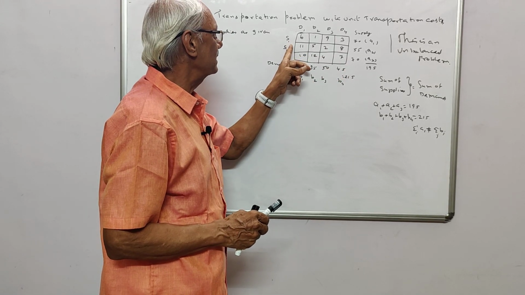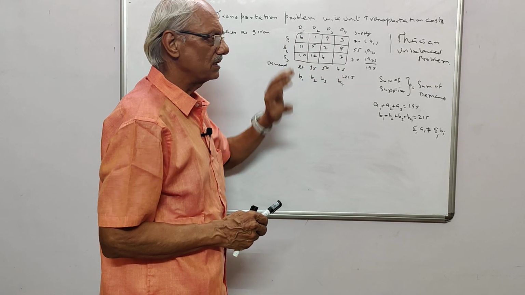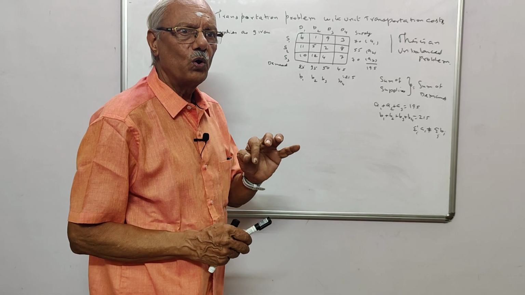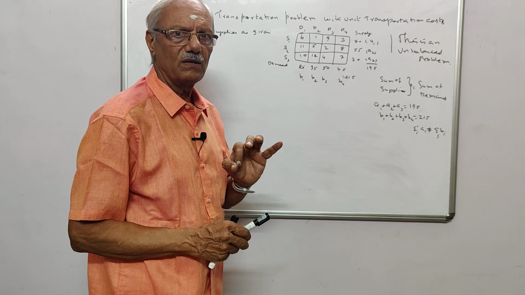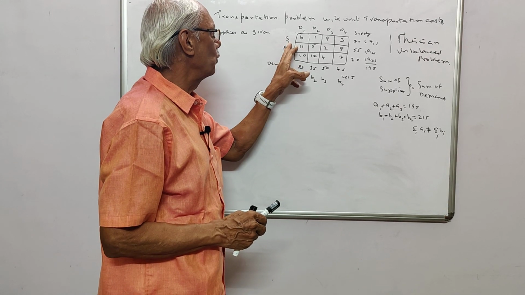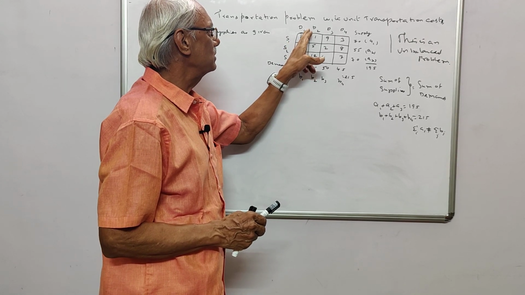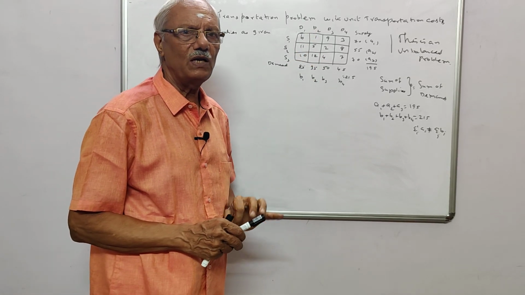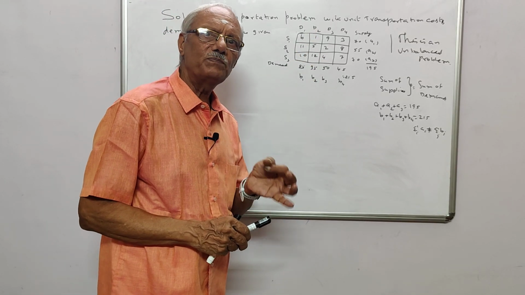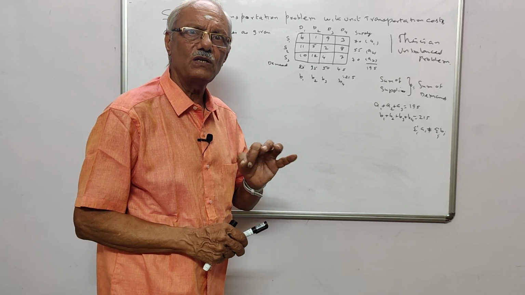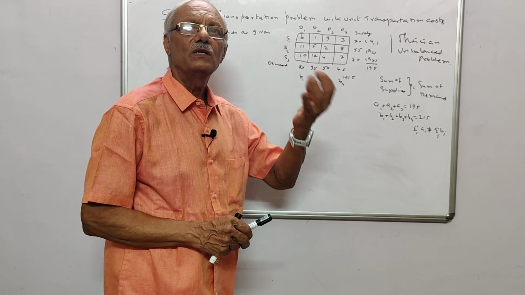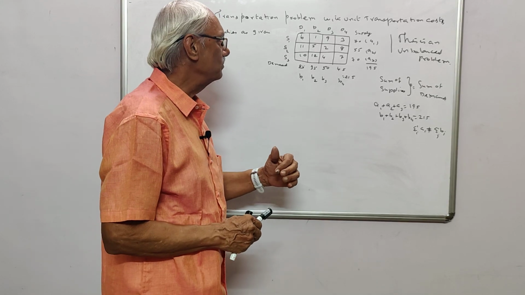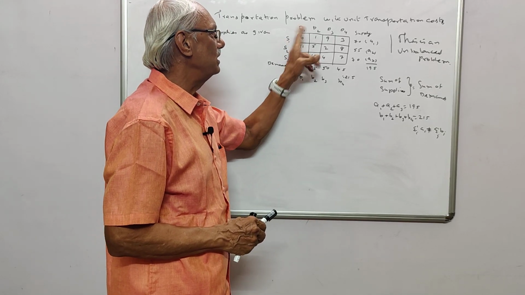So you see S1 to D1, 6. It means that if you transport 1 unit of material from the source S1 to the destination D1, you have to spend 6 rupees. I'll repeat again: you have to spend 6 rupees per unit for transportation of the products from S1 to D1.